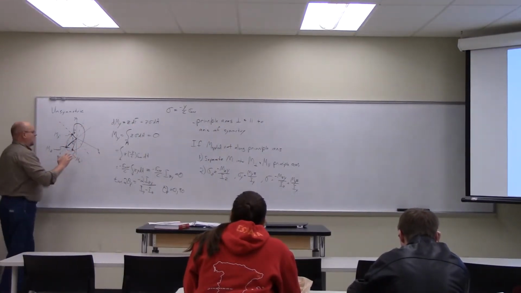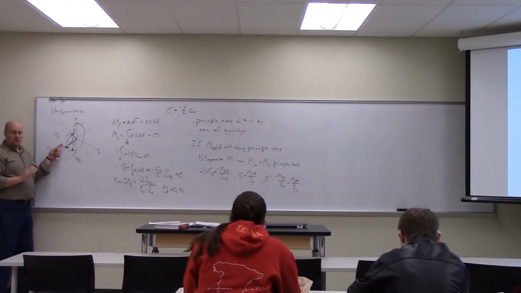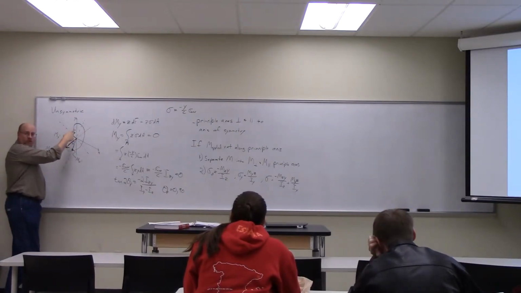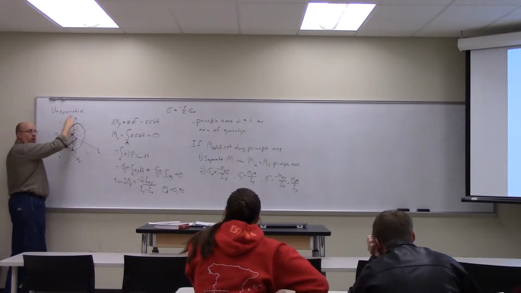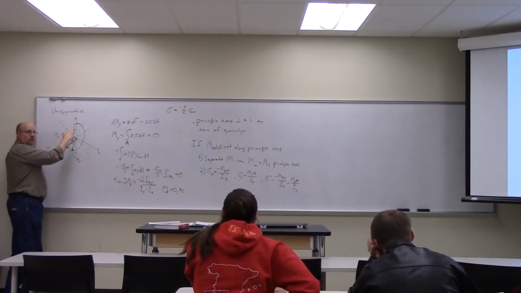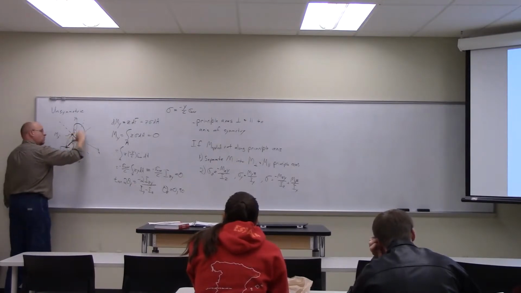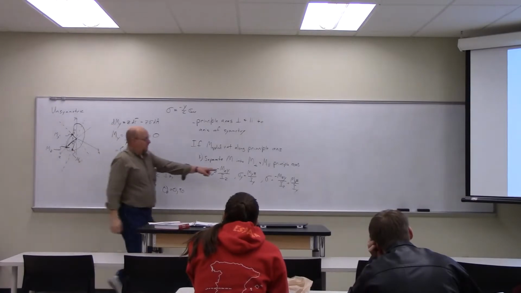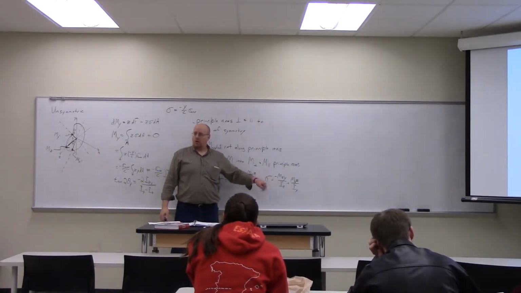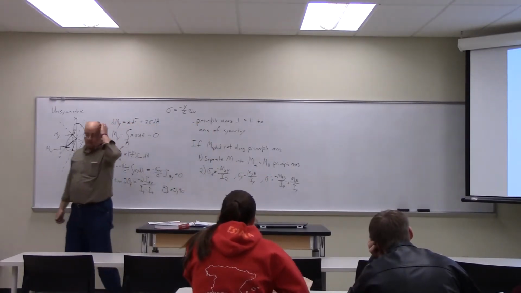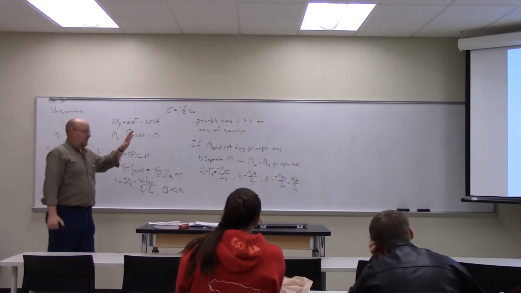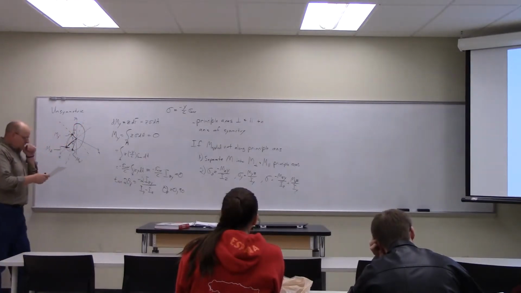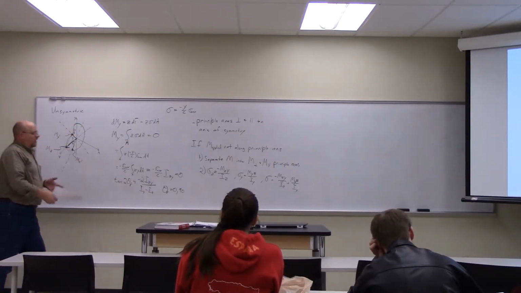If, on the other hand, I want to talk about the moment about the z-axis, I'm going to have a compressive force, a negative stress, but a positive y. So I have a negative sigma and a positive y creating a positive moment. So for that term, I have to add an extra minus sign in order to get the signs to work out correctly. The minus sign is just about getting the right-hand rule orientation of the axes to work. So essentially what we're saying is you have superposition.